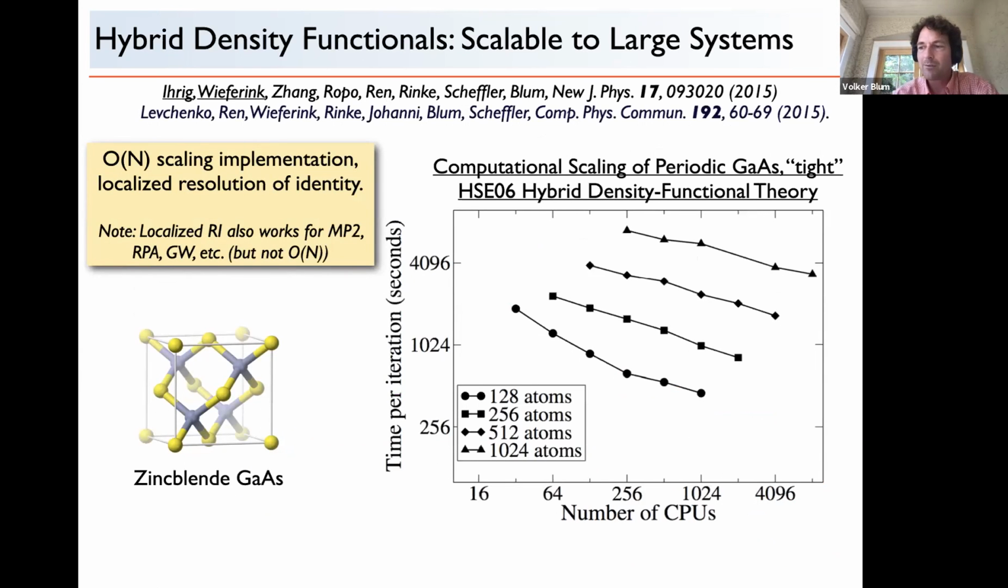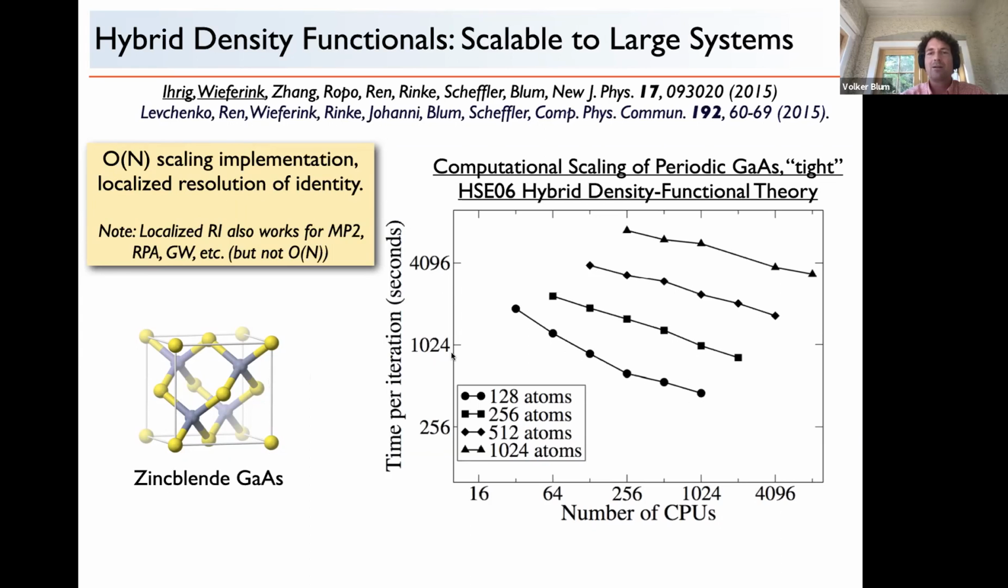I will say briefly what we can do for large systems and hybrid density functionals. This is a number of CPU cores here at the bottom, and time for SCF iteration at the top in 2015 for a gallium arsenide solid. We'll be using the smallest version of that, which is a 2-atom unit cell today for tutorials.